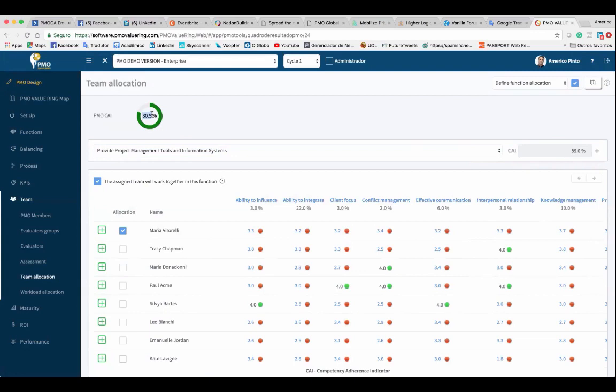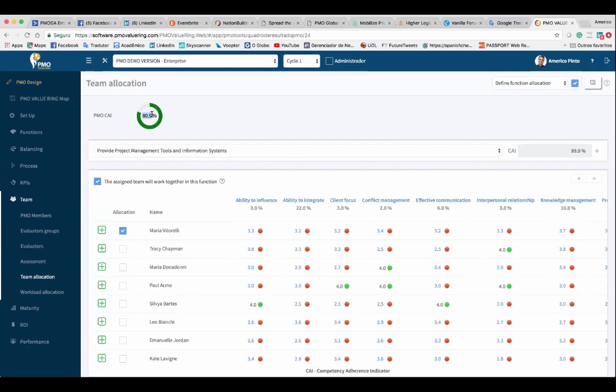So again, PMO competence adherence indicator, we have 3. The competence adherence indicator, personal. This number will show you if that specific person is good or not to work on a specific function. Okay, the higher is the personal CAI, the higher is the chance that that person really fits the needs considering that function that you want to provide.